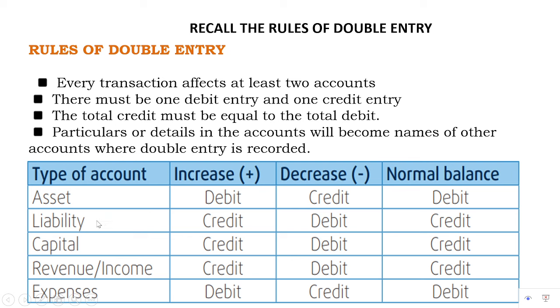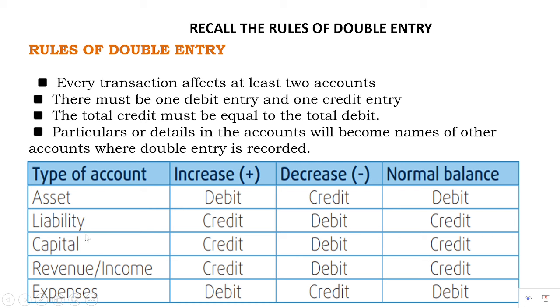For liability accounts, like creditors or accounts payable, increasing a liability account, you have to credit. Decreasing a liability account, you have to debit. The balance will be a credit balance, which means the credit side will be greater than the debit side.